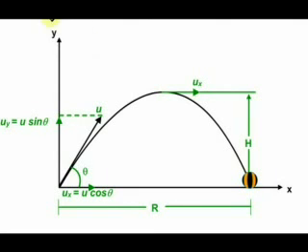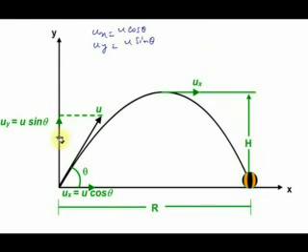Now let's try to find out the equation of the path of the projectile. As we have seen, the velocity of the projectile can be resolved into two components along the horizontal and vertical directions. The component of velocity in the horizontal direction is ux, which is equal to u cos theta, and in the vertical direction it's uy, which is equal to u sin theta. Now let's see what acceleration is acting upon this projectile.